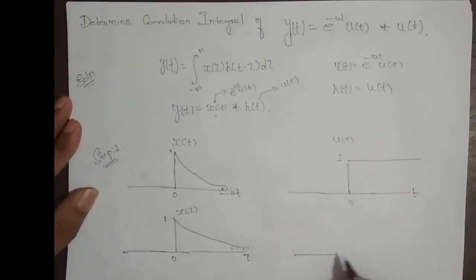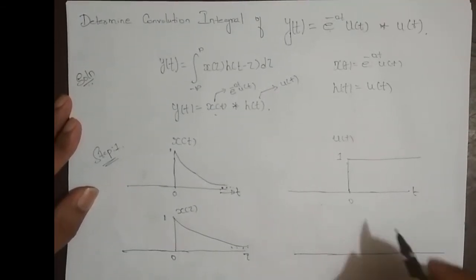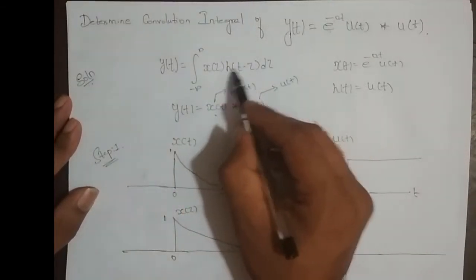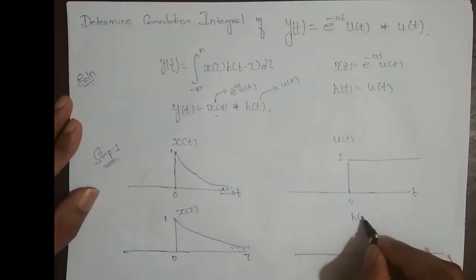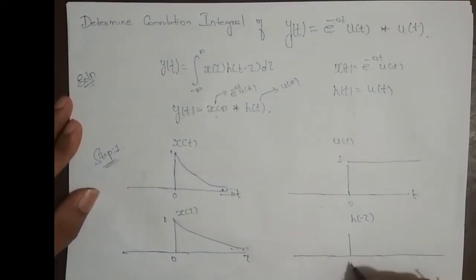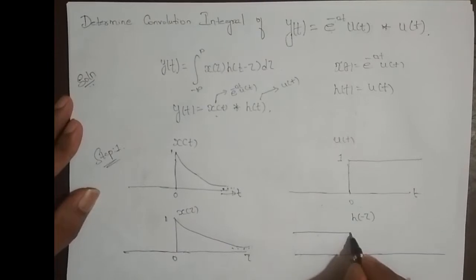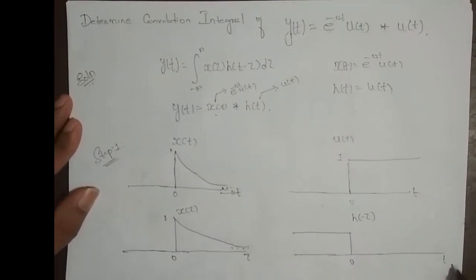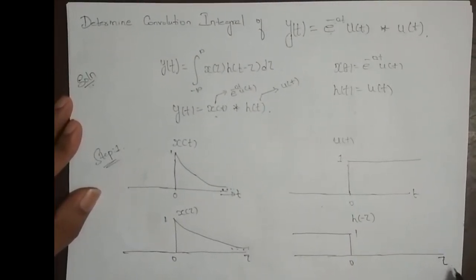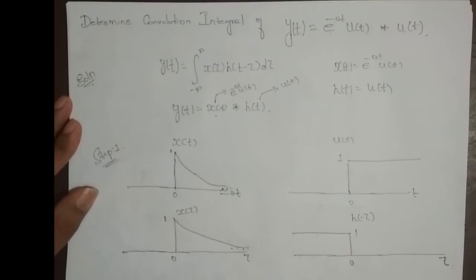And I need to plot h of minus tau, because at t equal to 0 it is h of minus tau. What does h of minus tau look like? It is nothing but the mirror image of h of t. So this is 1, this is tau, this is x of tau, and this is h of minus tau.